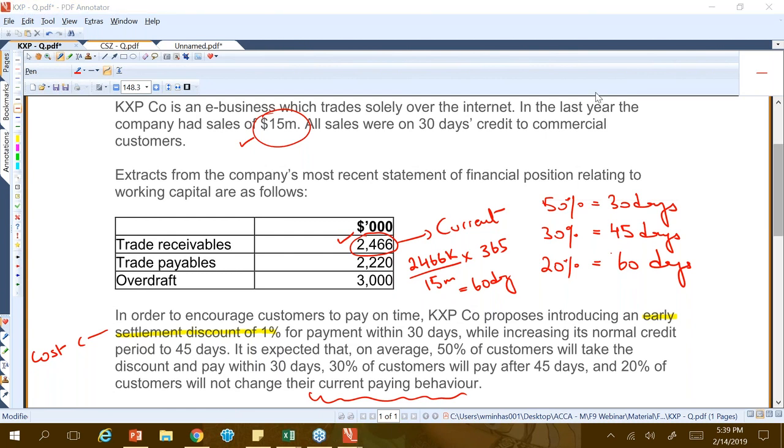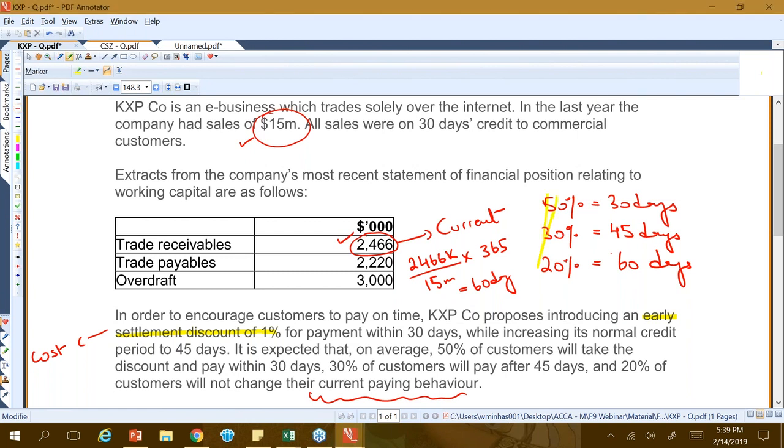Yes. So this is the proposed structure. 50% of people will pay in 30 days, and these people will get a discount, which is 1%. 30% of customers will pay after 45 days, and 20% of customers will take 60 days, which is the current paying behavior. Now, the only thing I need from this question is the last line.